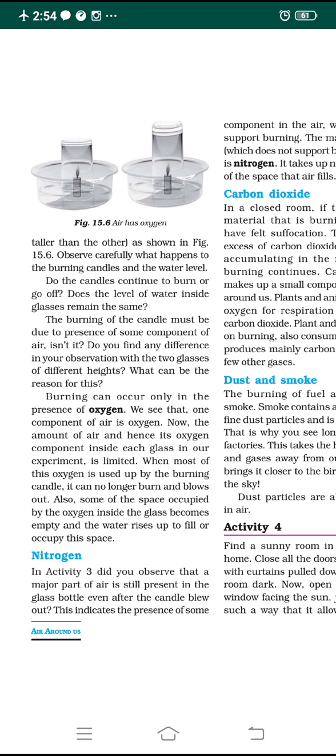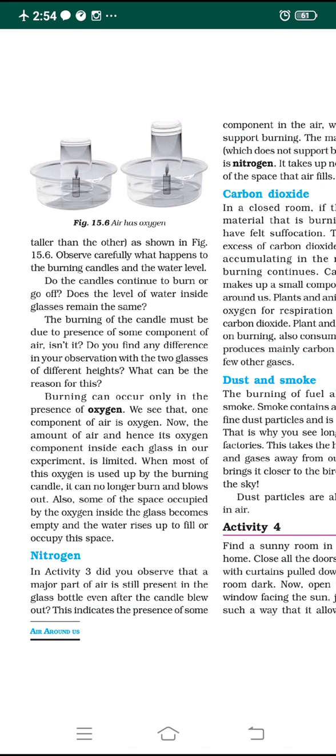When most of this oxygen is used up by the burning candle, when all the oxygen present inside is used up, then it can no longer burn. So the candle cannot burn any longer and blows out. Blows out means the burning stops.